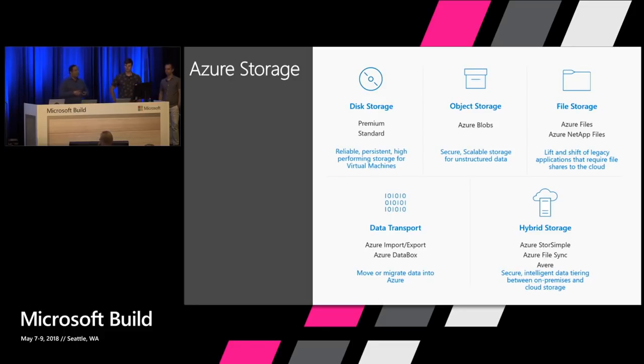In addition, we have a number of hybrid storage services. Azure File Sync is one of them that's coupled tightly with the Azure File Service, and we will talk about it tomorrow. Azure StorSimple is something that we've had in market for a while.